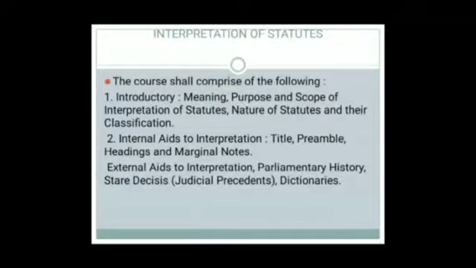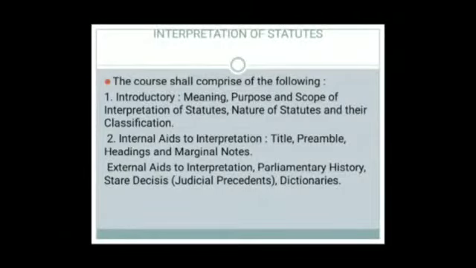So similarly, interpretation is also the process of explaining or expounding or translating any text in written form. It involves the act of discovering the true meaning of any language used in a statute.